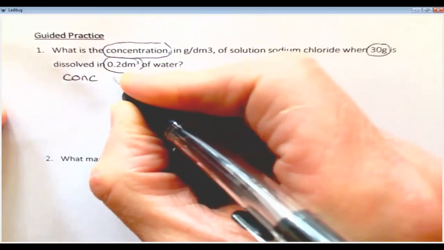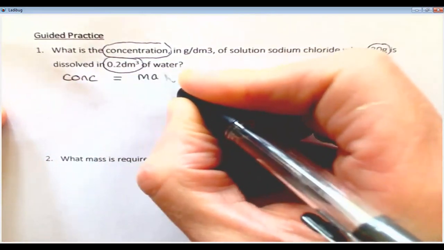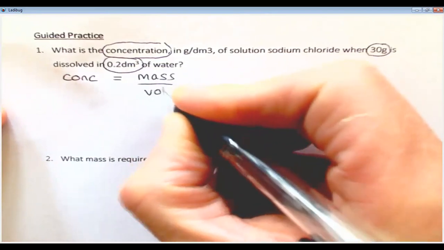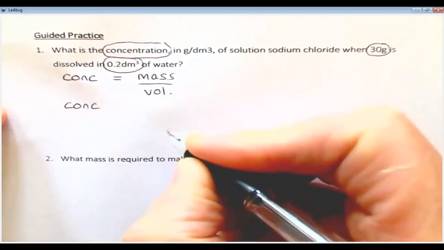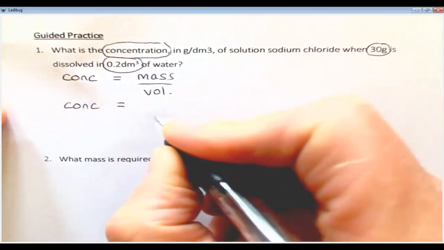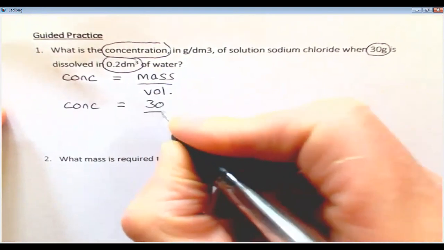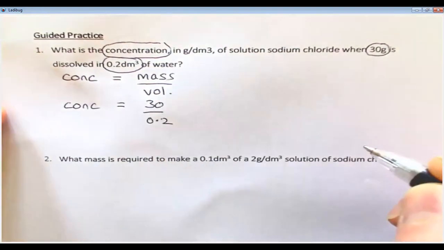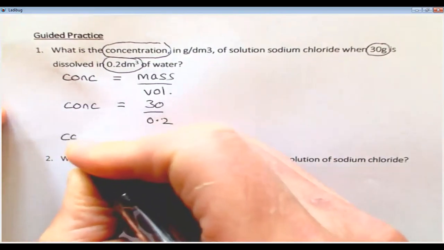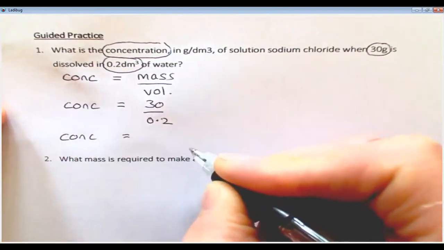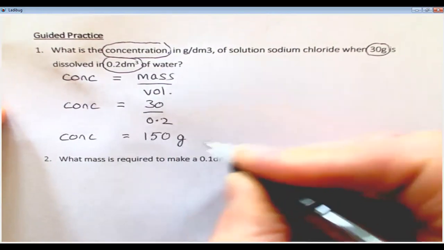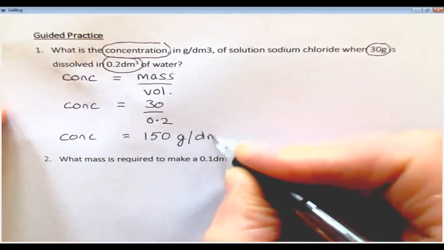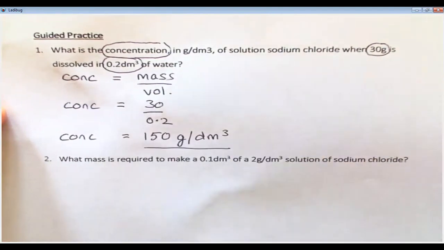Concentration equals mass divided by volume. Concentration equals 30 divided by 0.2. And you can use your calculator if you like. So that's as simple as it is. So that's the first example.